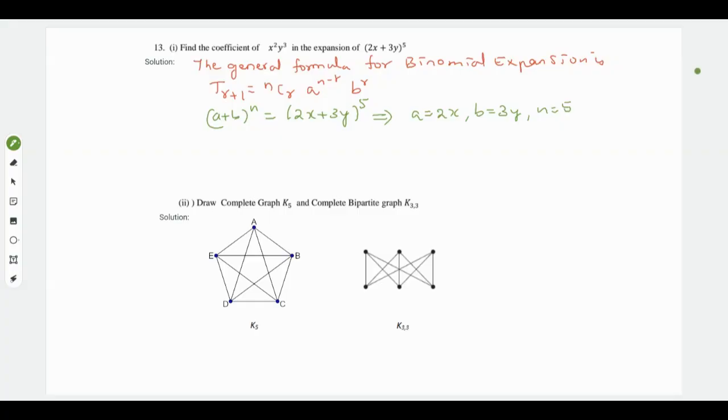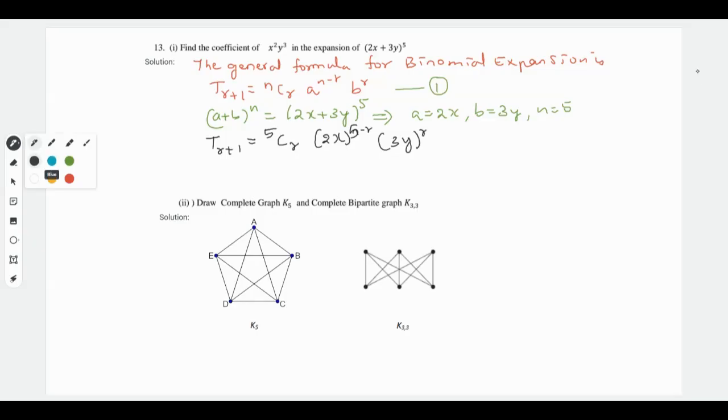is equal to 5. Now substituting these values in equation 1, we get T(r+1) = 5Cr, then a is 2x to the power of n minus r, that is 5 minus r, then b is 3y to the power of r.